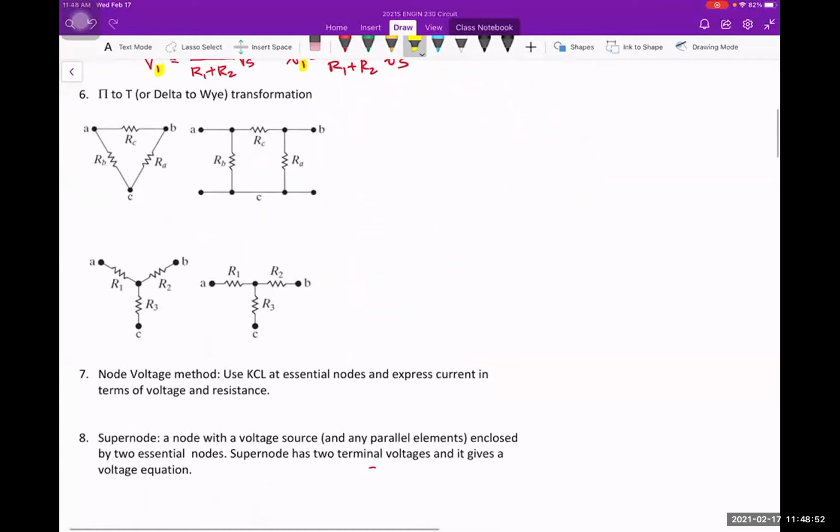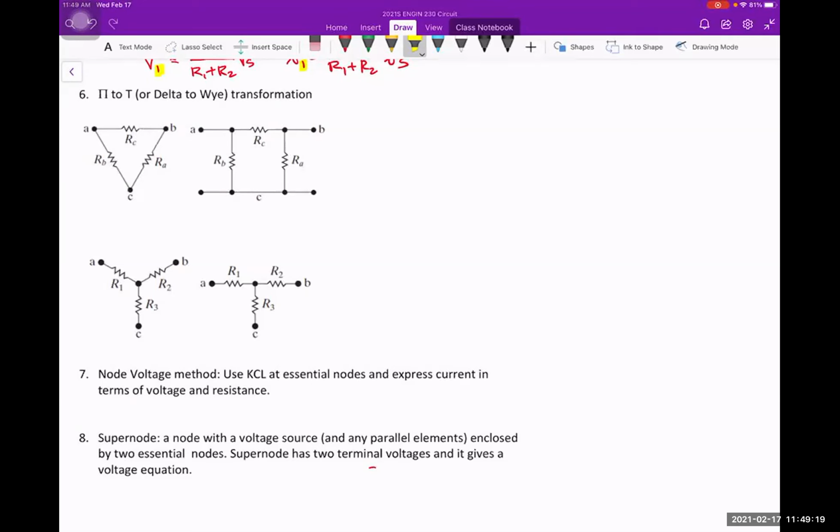And this one here, the transformation, you're going to have one question on this delta to pi transformation. So make sure that you look through some of the examples and try to use those equations. It's not very difficult, but just try some examples, then you should be able to transform the circuit into another circuit which you can solve.